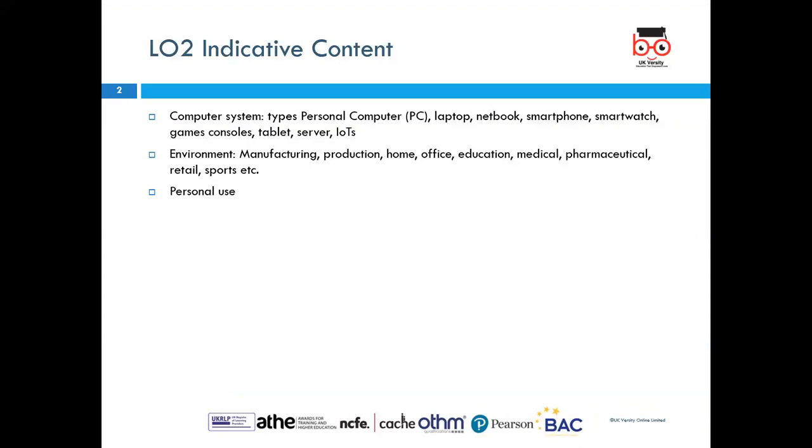Then we're going to look at the environment: types of manufacturing, how these are produced, and what the purpose is, if they're going to be used at home, office, leisure, retail, or any sort of sector. And conclusively, we're going to analyze the types of personal use.